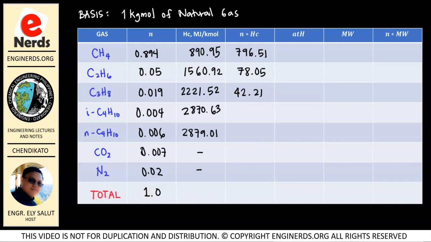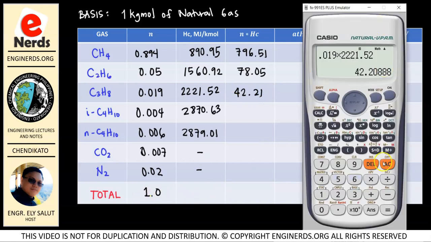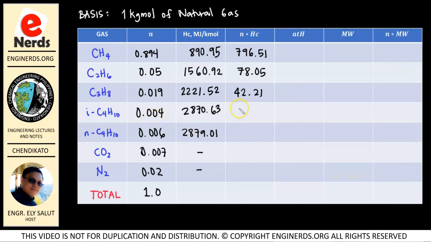Okay, next, we have 0.004 times 2870.63. This is equal to 11.48.